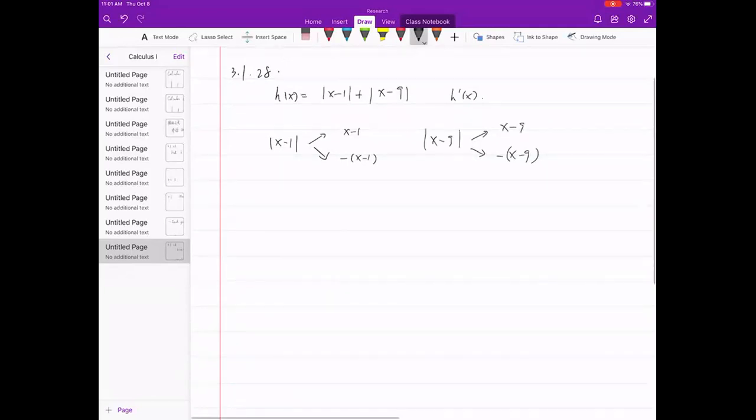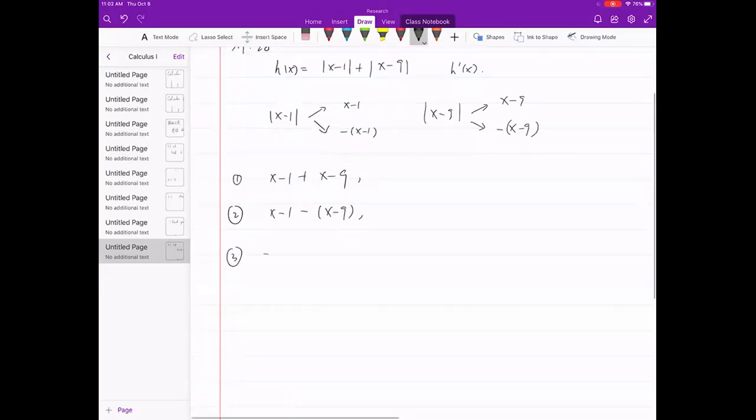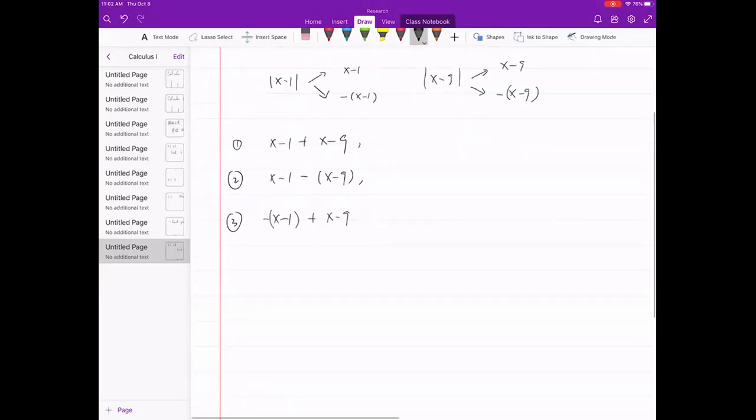With that in mind, the two together have four possibilities. This is one. If you feel confused, always put a parenthesis so you won't make mistakes. We have four possibilities, each one taking two possibilities.